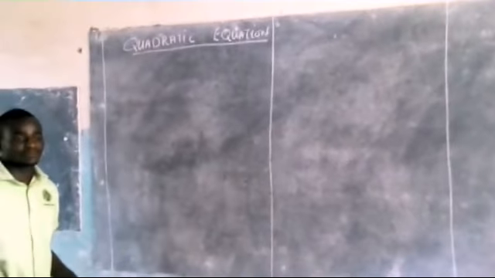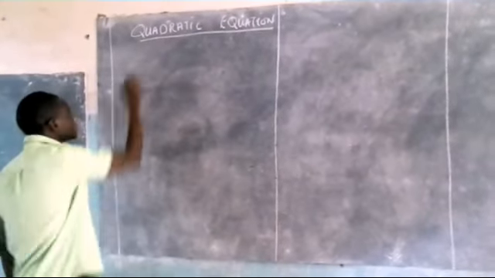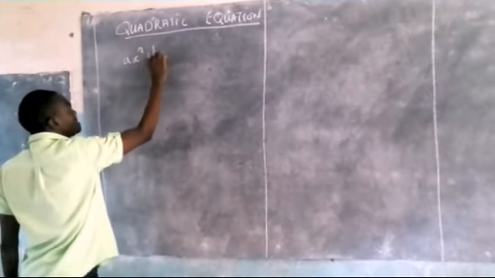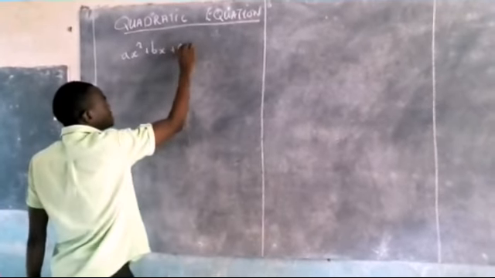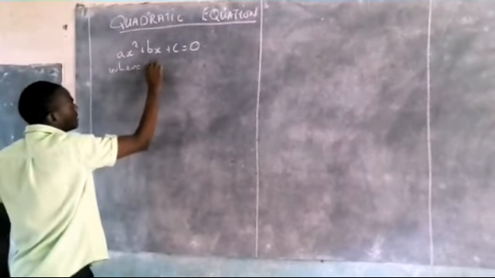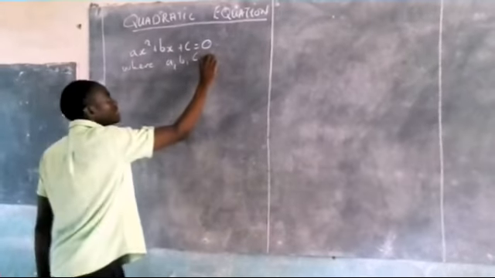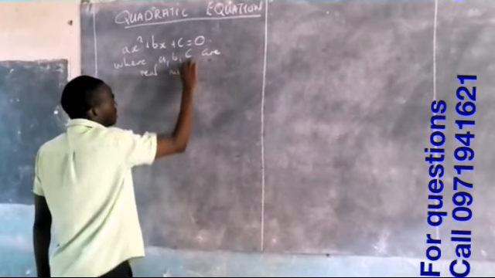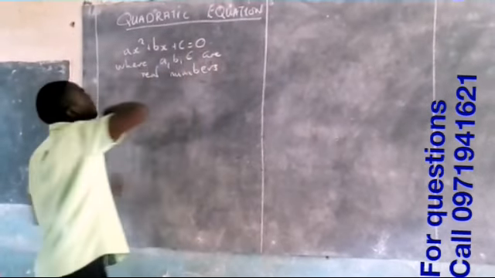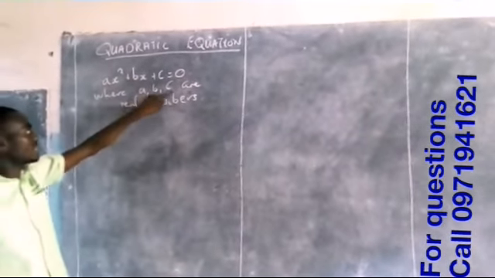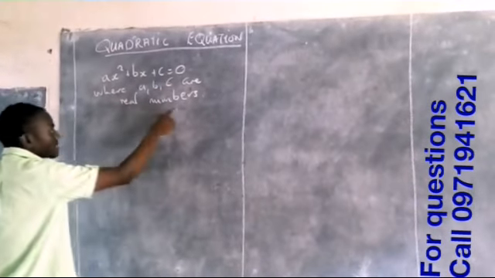As you can see, a quadratic equation is an equation that is expressed in the form ax squared plus bx plus c is equal to 0, where a, b, and c are real numbers.